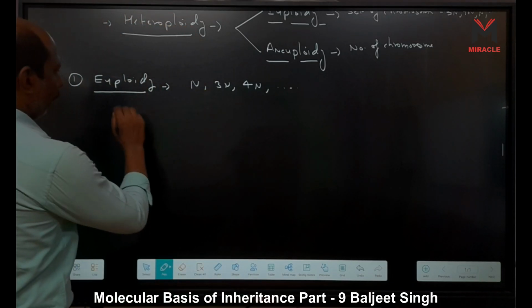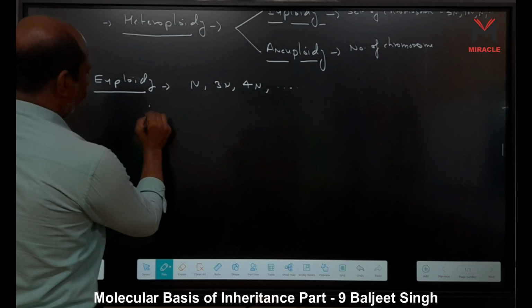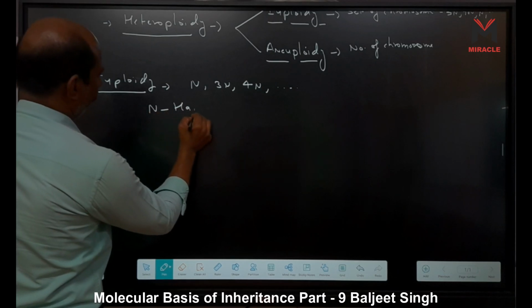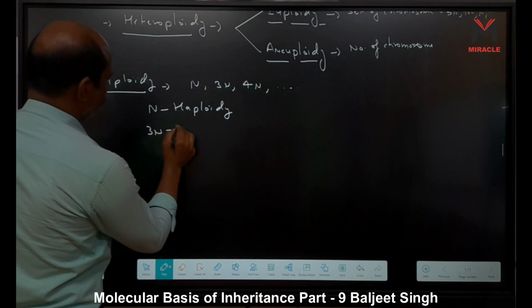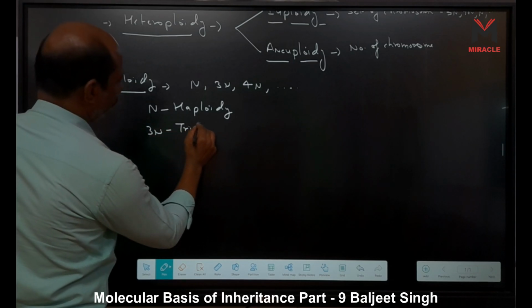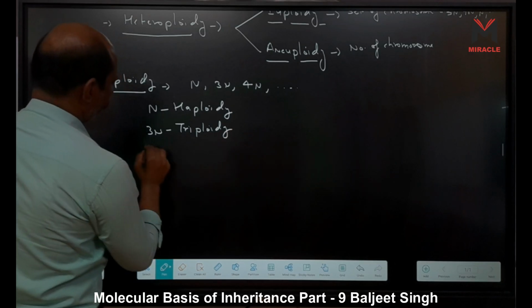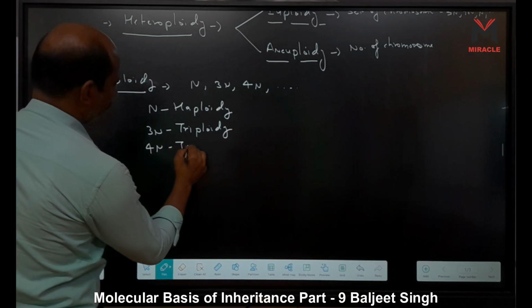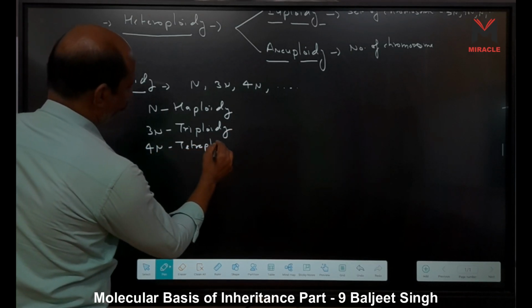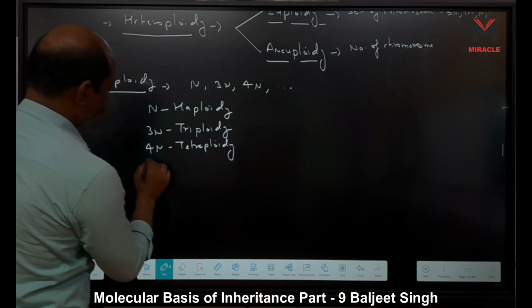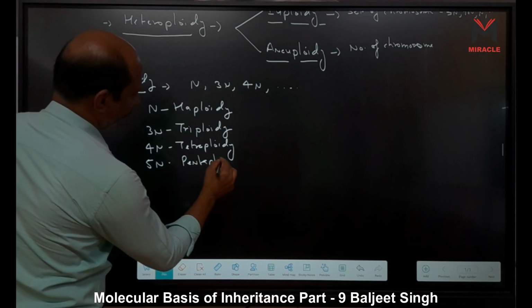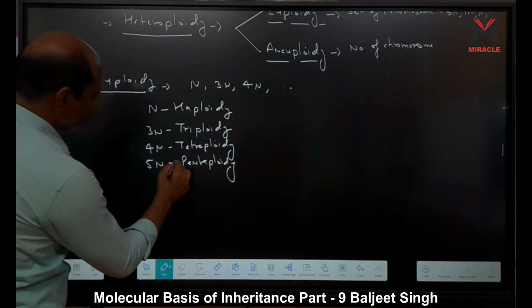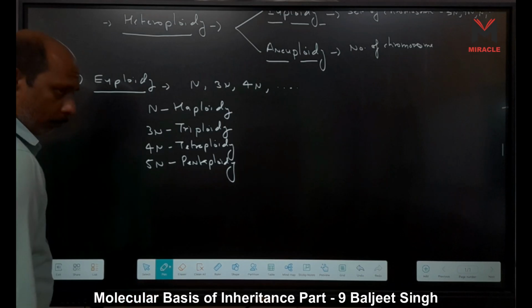So these are called haploidy for N. 3N means triploidy. 4N means tetraploidy. 5N means pentaploidy, and so on.